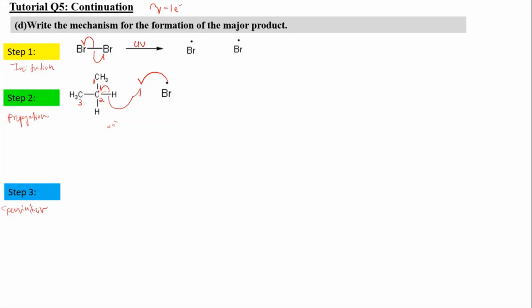One electron is transferred to carbon, and another electron is transferred to form the bond with Br. At the end of this reaction, you will get the carbon free radical, CH3CHCH3 with one electron on the carbon, and you will produce HBr. HBr is our byproduct.